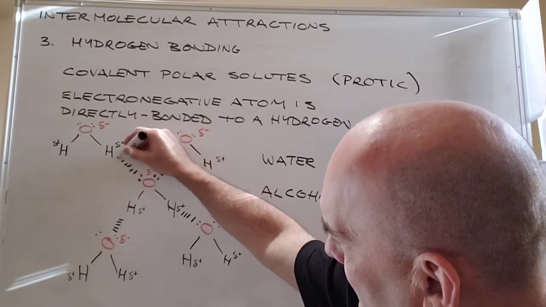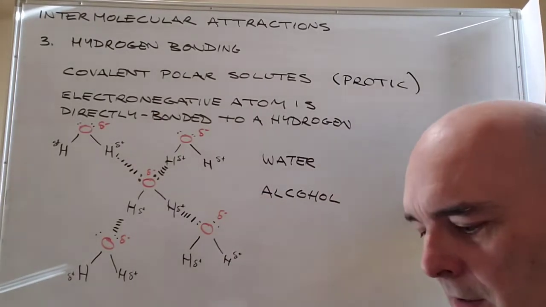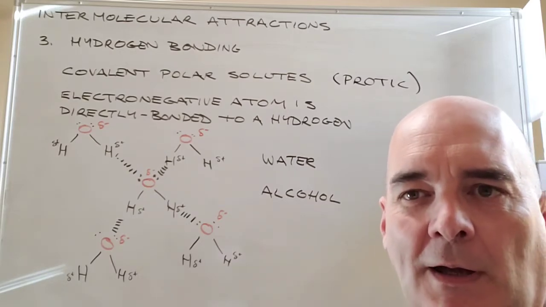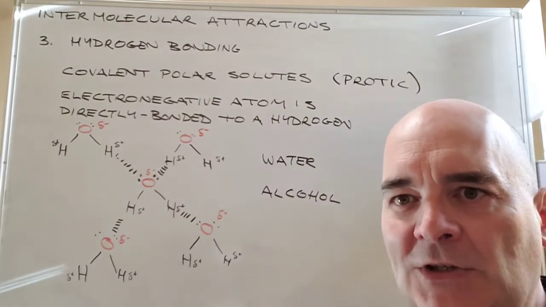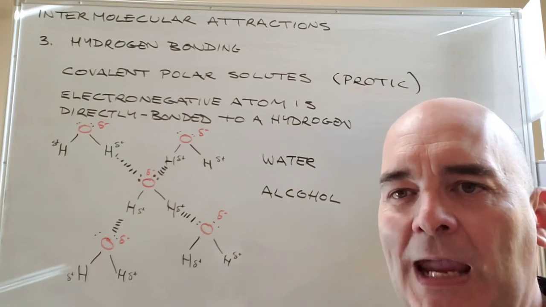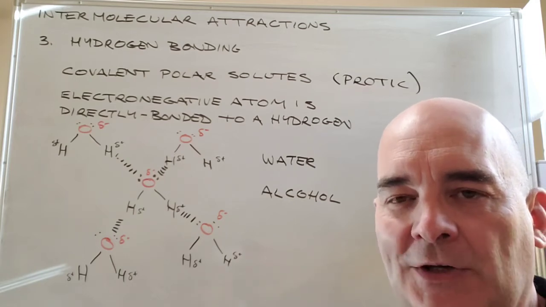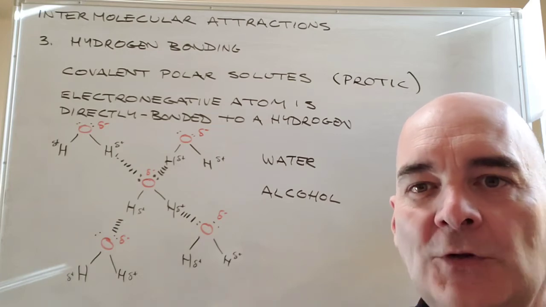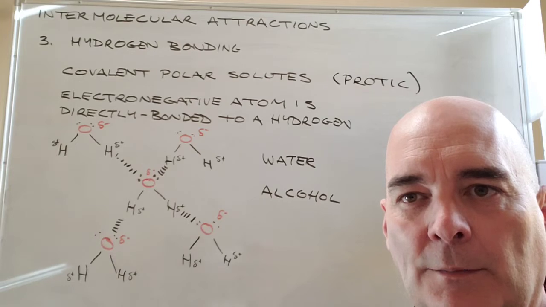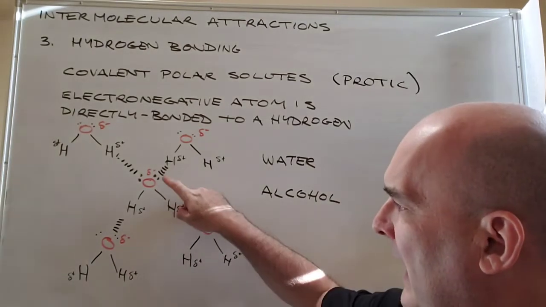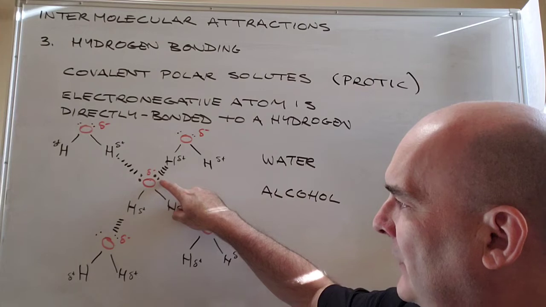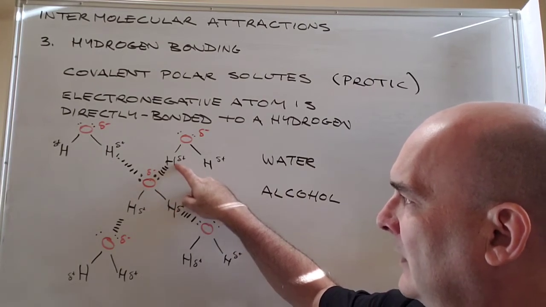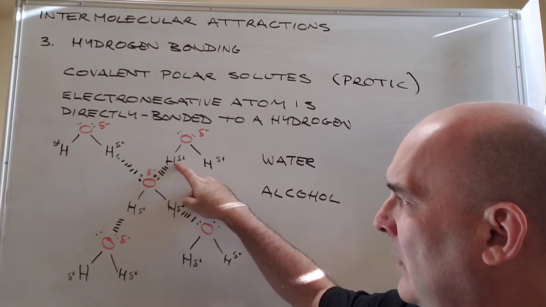And it turns out that in a sample of water, all of the waters are holding on to each other, that each individual water is capable of making an attractive interaction, one of these hydrogen bonds, to 4 other molecules of water. And they happen between the lone pairs of electrons on the oxygen and the hydrogen on a neighboring molecule.